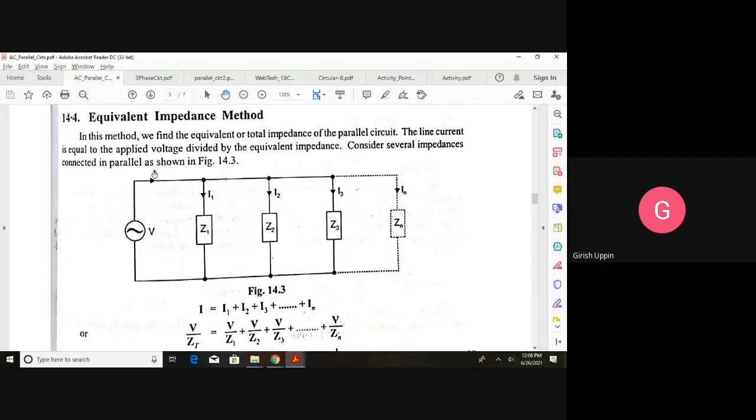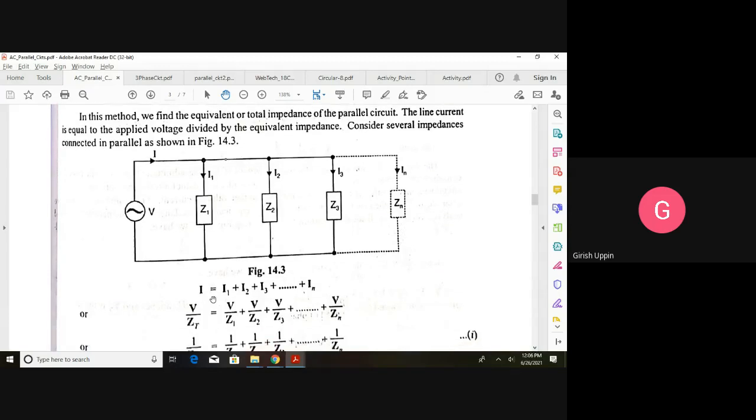I know that this total current is equal to the phasor sum of all these currents. Therefore, I is equal to I1 plus I2 plus I3 and so on. And the voltage across all these impedances is exactly V. We know that V is equal to I1 into Z1, V is equal to I2 into Z2, V is equal to I3 into Z3, and so on.